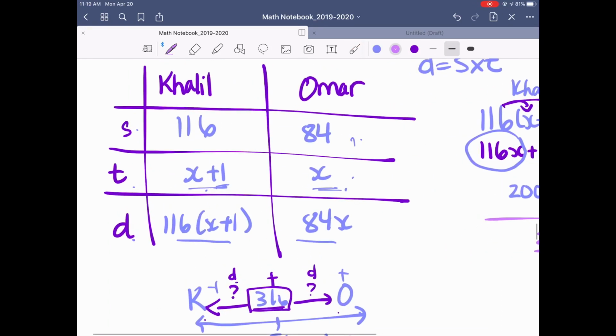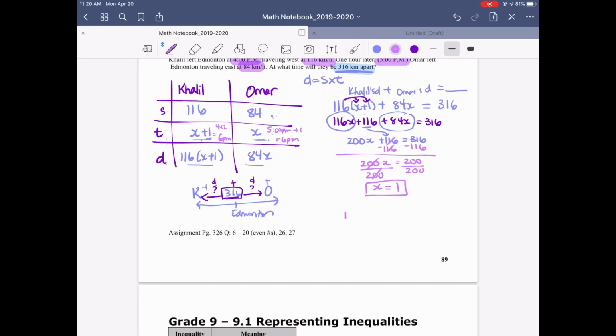So at 5 p.m., Khalil left at 4. So 4 plus another 2 hours, that would be 6 p.m. And here he leaves at 5 p.m. and after 1 hour, that's also 6 p.m. So at 6 p.m., they're going to be 316 kilometers apart.